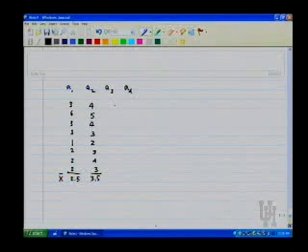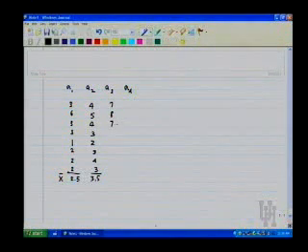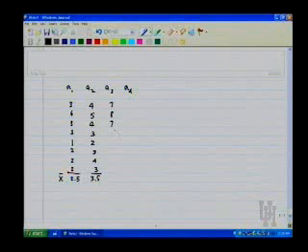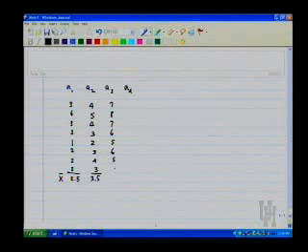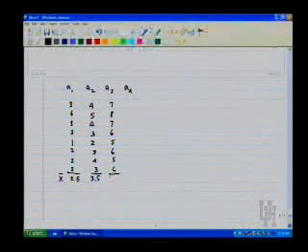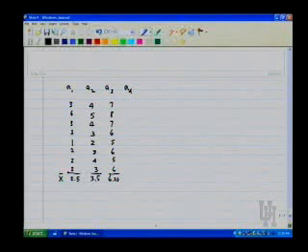Persons in group 3 hit it 7, 8, 7, 6, 5, 6, 5, and 6 times. And the mean of group 3 then is 6.25.